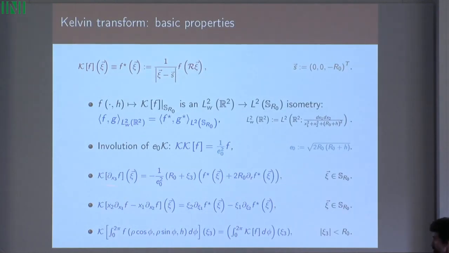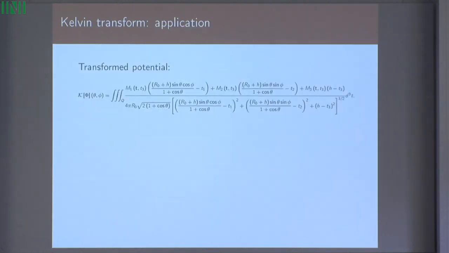But if we look at how it acts on the normal derivative, the normal derivative of the plane, something we will need, then the normal derivative goes to the normal derivative of the transformed function, and there is also a term which is a function. So this is very different from 2D. In 2D, normal derivatives under a Möbius transform would be mapped to normal derivatives. So there is a slight difference to pay attention to.